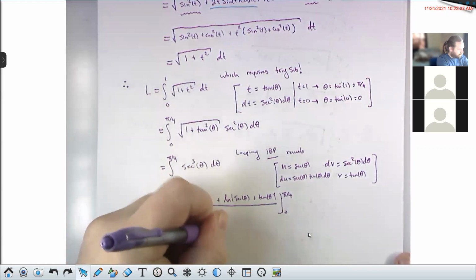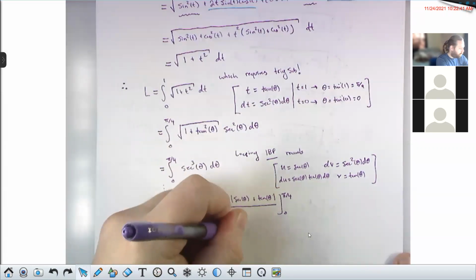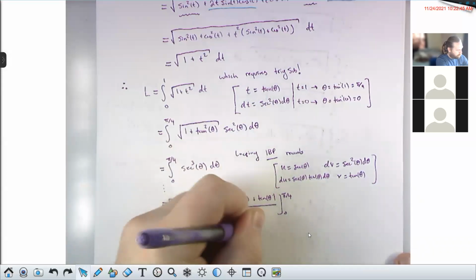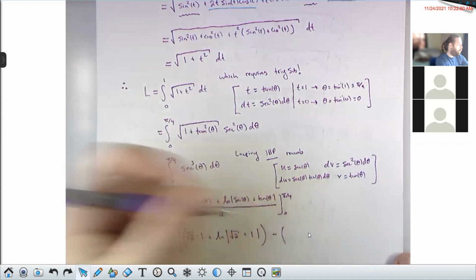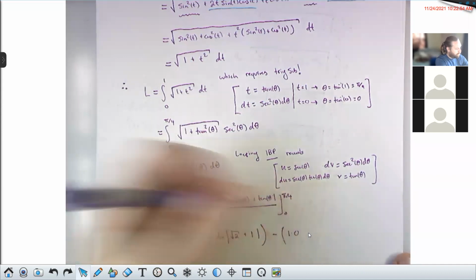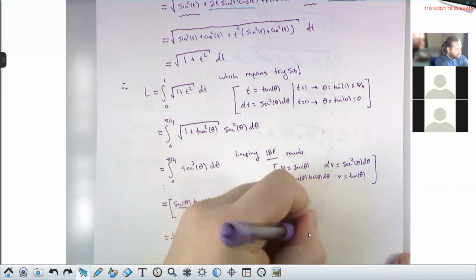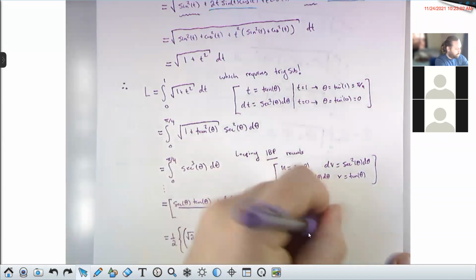Plus the natural log of the absolute value of secant of pi over 4, which is root 2, plus tangent of pi over 4, which is 1. Minus what you get at the lower bound, which is 1 times 0. Secant of 0 is 1, tangent of 0 is 0, plus the natural log of the absolute value of 1 plus 0.